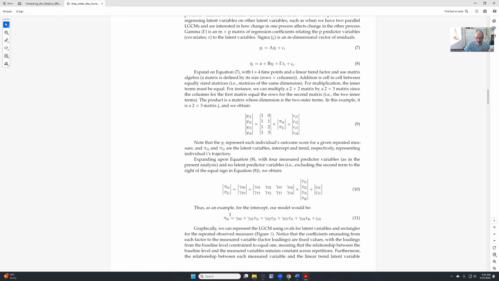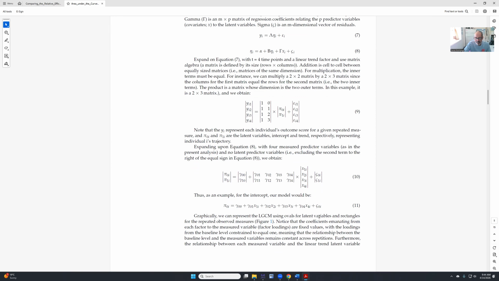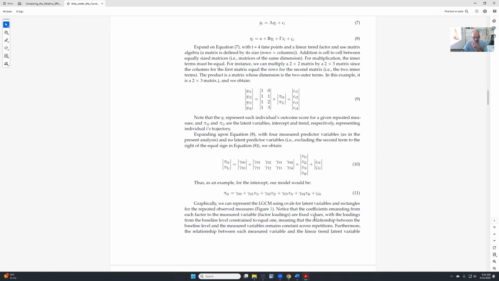So we have the intercept latent variable. It has its own intercept for the regression of these predictor variables onto that latent variable, and then you have the slopes for each of these predictor variables, which is x1 sub I, x2 sub I, x3 sub I, x4 sub I, and so on. And then it has its own sigma here as its error term. Pretty cool, huh?